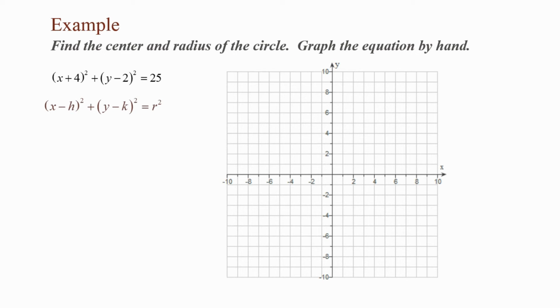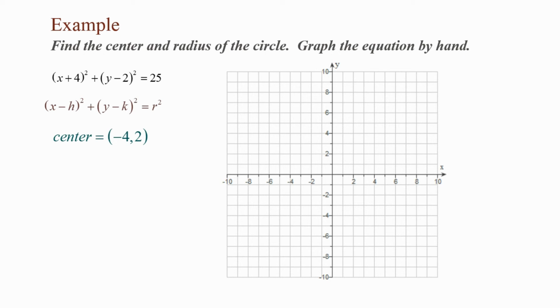Because I have a minus sign in my equation, I need to take the opposite of whatever sign is in the parentheses. Since I have a plus 4, that means my value for h is really negative 4. I have a minus here for my k, and so I have a minus in front of my 2, which means k equals 2. The center is (negative 4, 2).